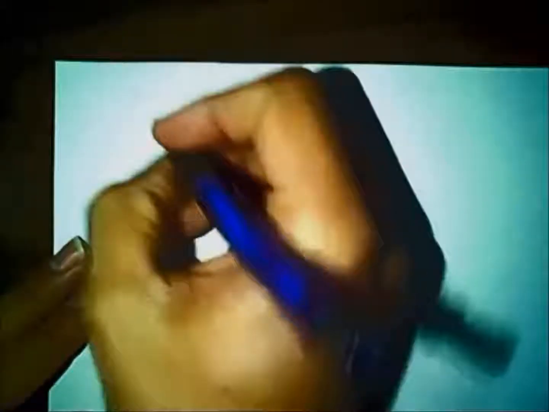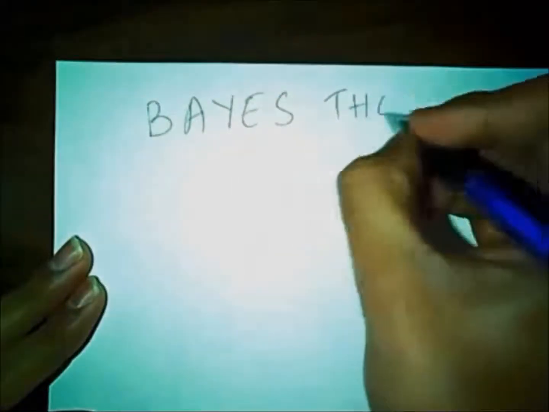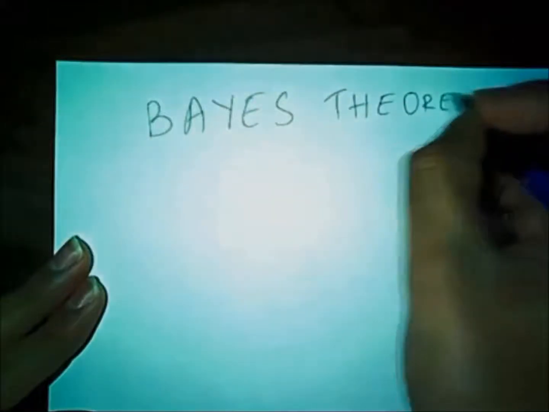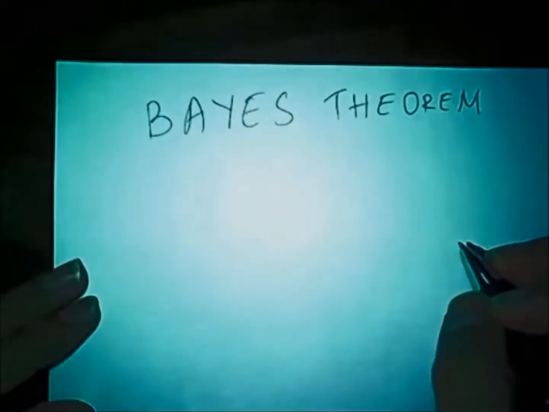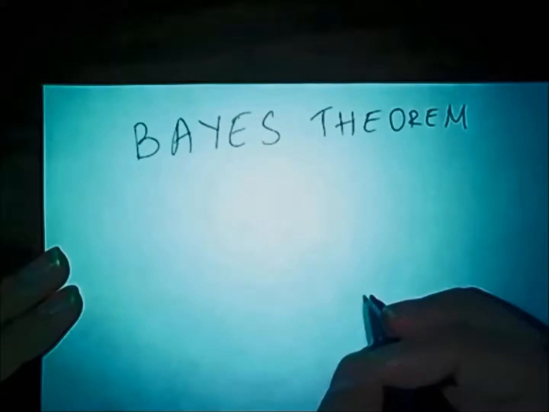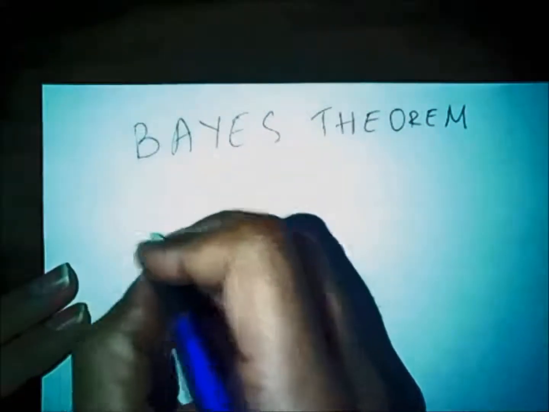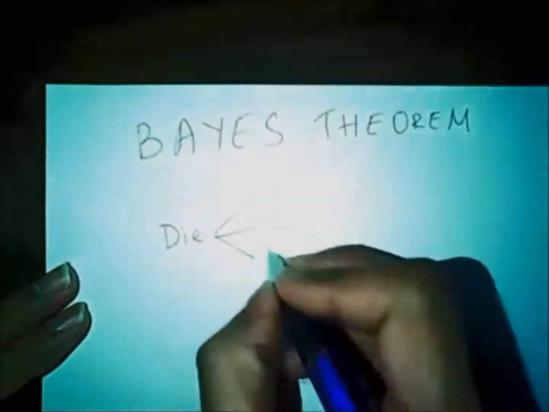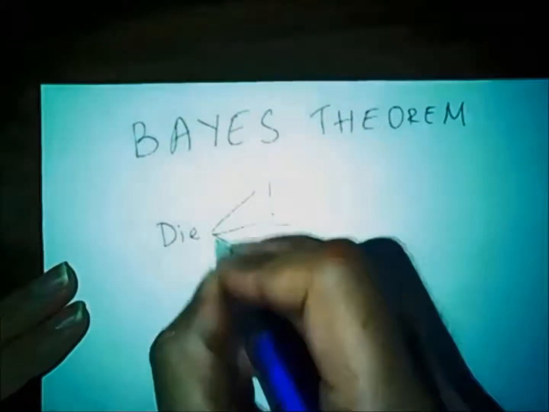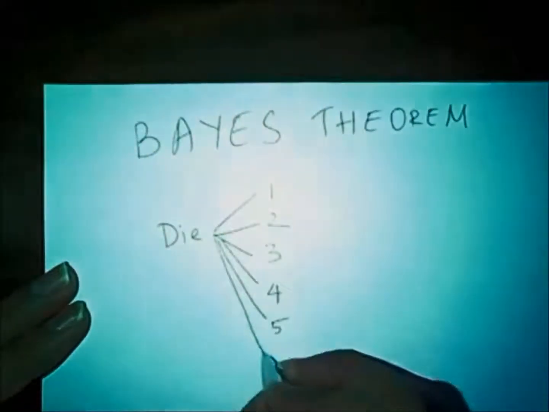Okay, let us begin by reviewing Bayes' theorem. Let us consider an example of tossing a die. So when you throw a die, you might get any one of the following results. You can get a 1, 2, 3, 4, 5 or 6.